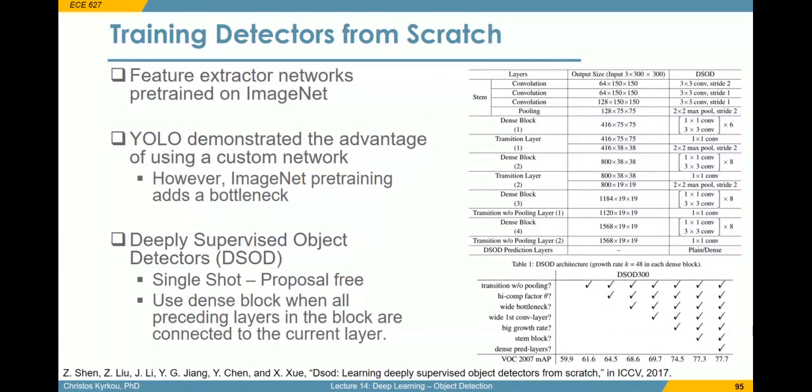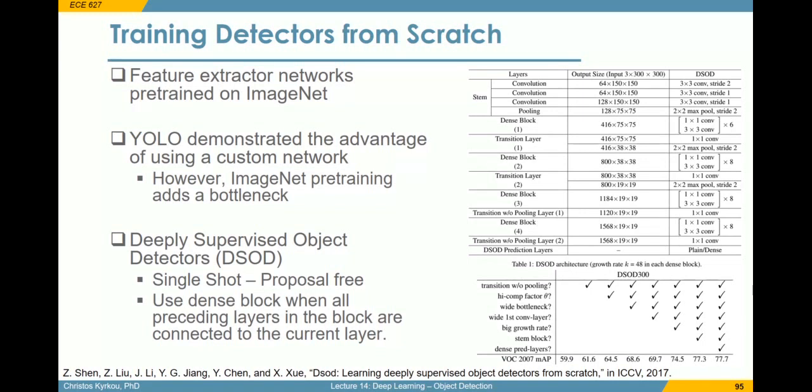So lastly, there are some lines of work that propose the idea of training object detectors from scratch without first using ImageNet to pre-train a feature extractor. And this is important because we want to build a custom detection convolutional network, and it may not be feasible to train again on ImageNet.